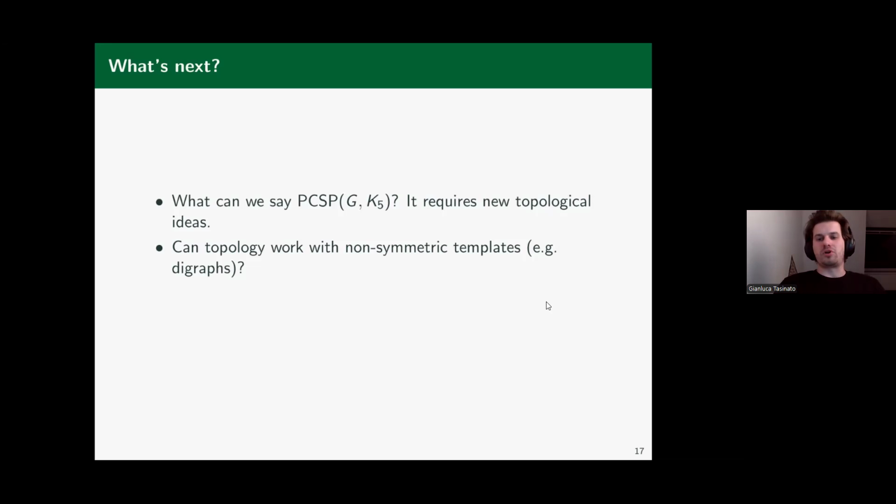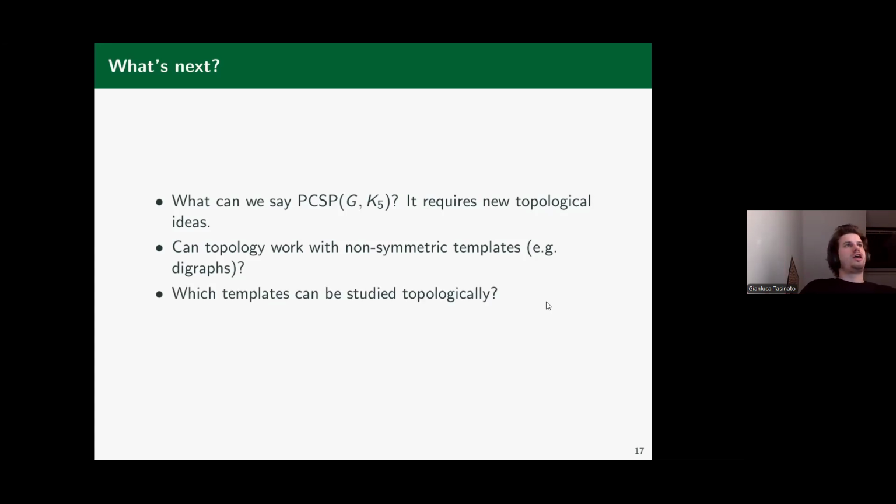Therefore, all the topological proofs at the moment work only with symmetric templates, because we need this intrinsic symmetry to prevent us from collapsing. Can we make topology work for non-symmetric templates, for example oriented graphs? That is clearly a very interesting question.